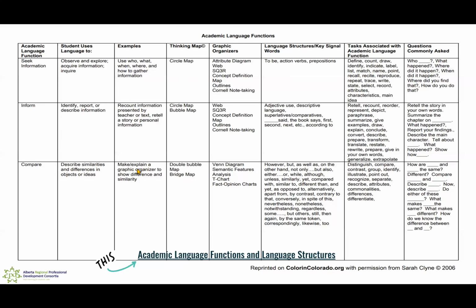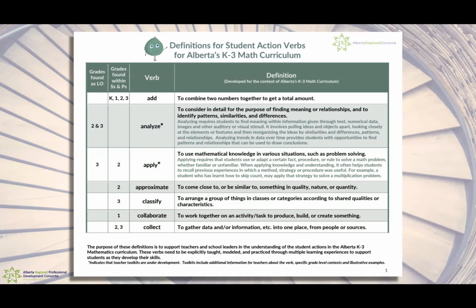And just an added piece to think about: the K-3 Alberta math team for ARPDC has put together a list of verbs that you can find in the math curriculum. I don't know about the other subject areas, but definitely for math, they've put together the action verbs for the math curriculum.